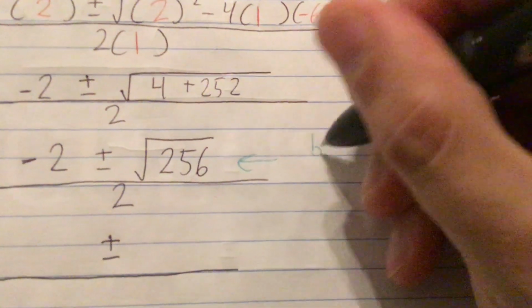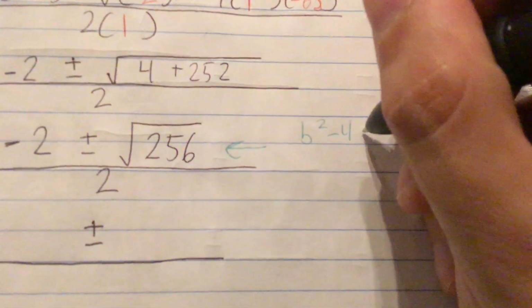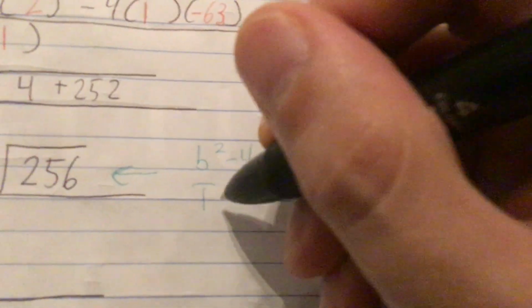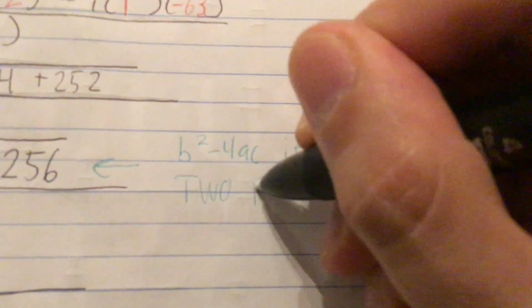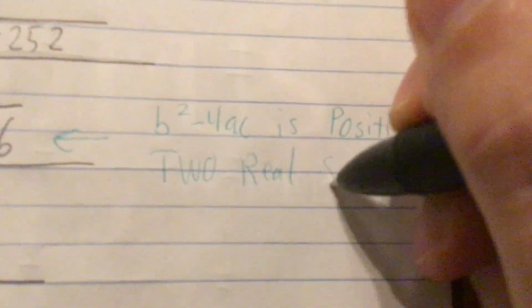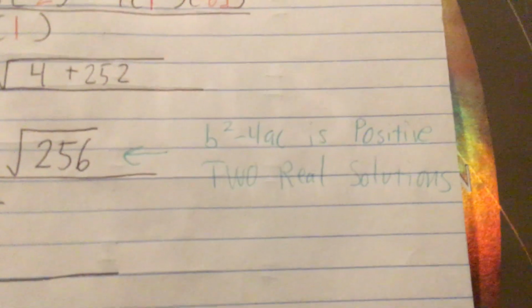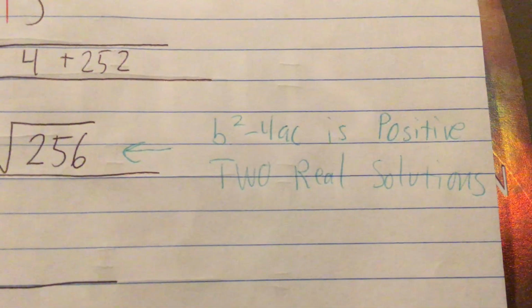Now, hey, same old. This b squared minus 4ac is called the discriminant, and the discriminant is positive. So if b squared minus 4ac is positive, that means that there are 2 real solutions. Okay, let me just put the focus on there really quick. Yeah.